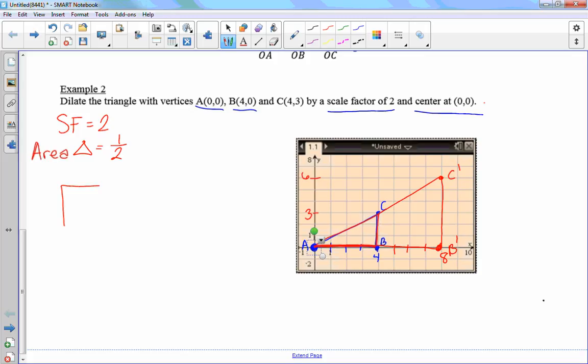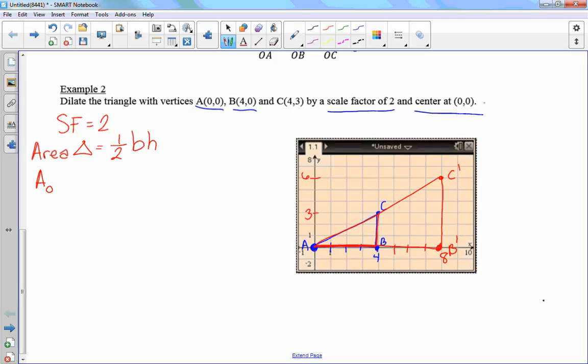Okay, what if you're doing a rectangle? What's the area of a rectangle? Base times height. For a triangle, there are 2 triangles. So a triangle represents half of a rectangle. So 1/2 base times height. And that's a formula you should have memorized. Base times height over 2, you can write it that way as well. Okay, so let's do the area of the original.